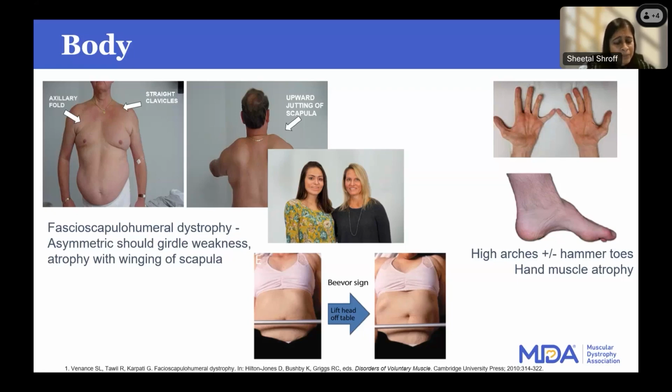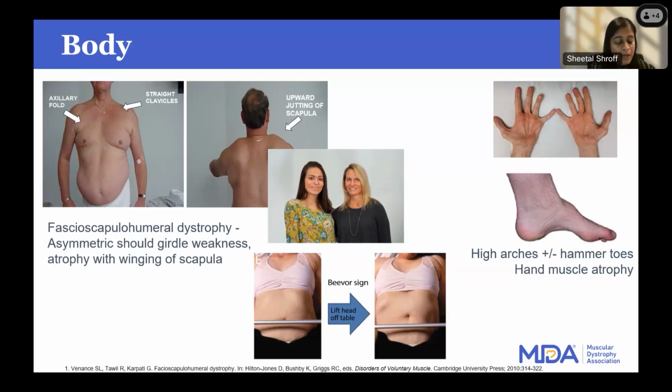And then in these patients, there's something called the Beevor sign. As you can see below, this patient is lying down flat, and you can see the umbilicus.